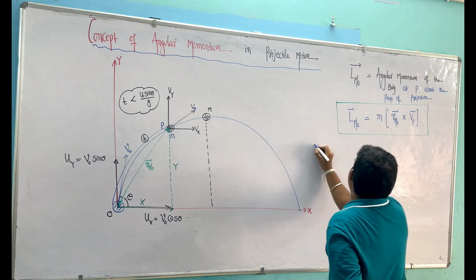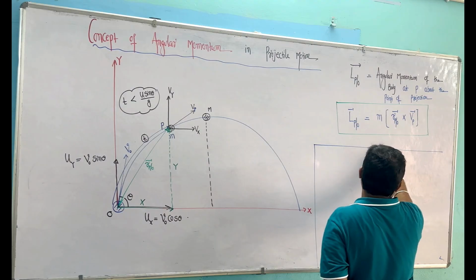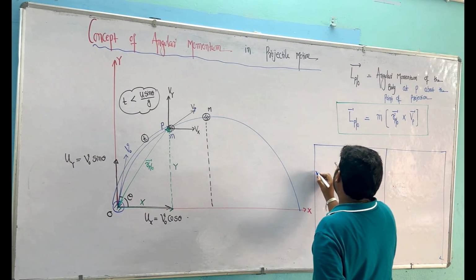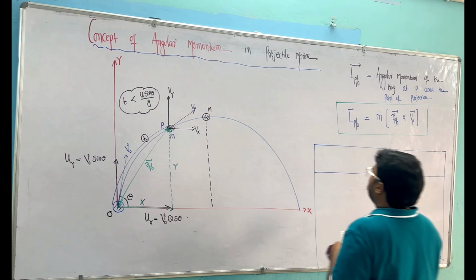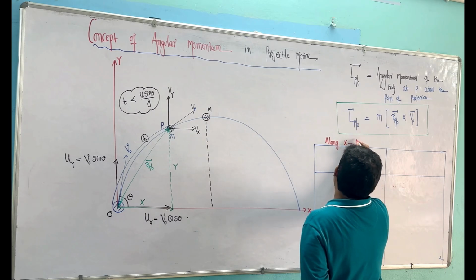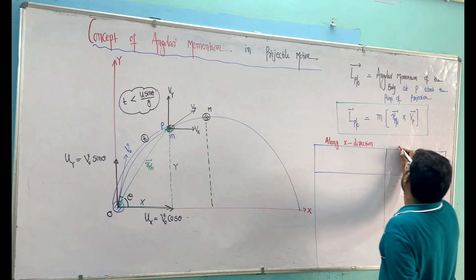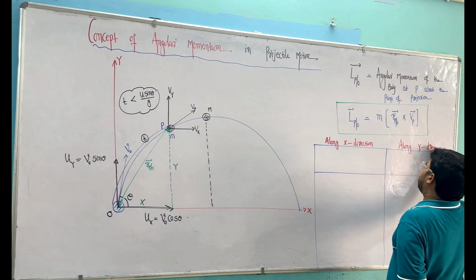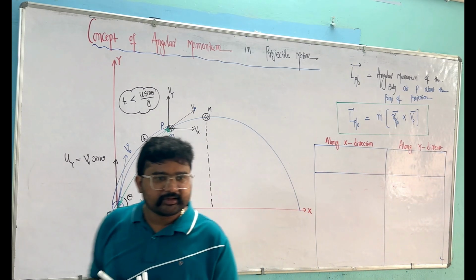Tell me, how to get velocities and distances along the x and y directions? First take along the x direction, and then along the y direction.